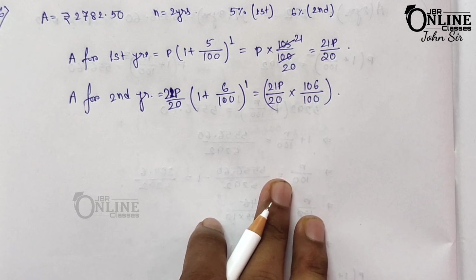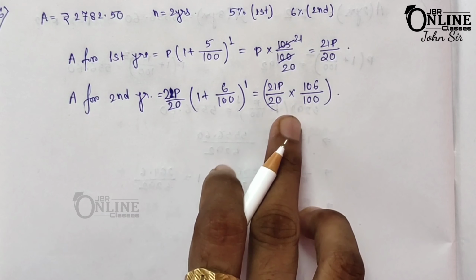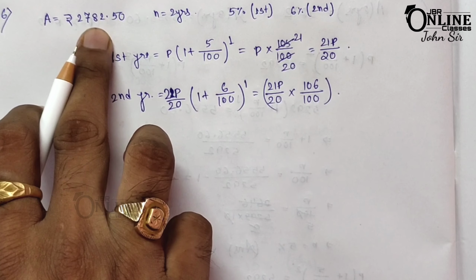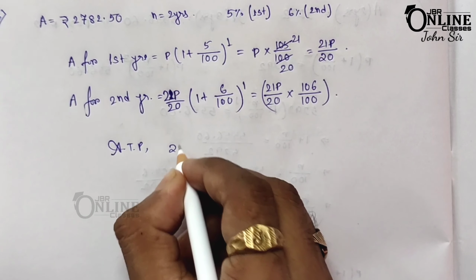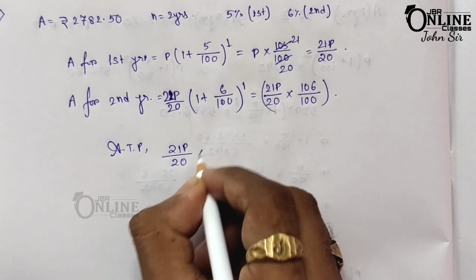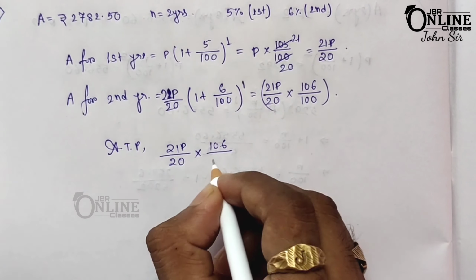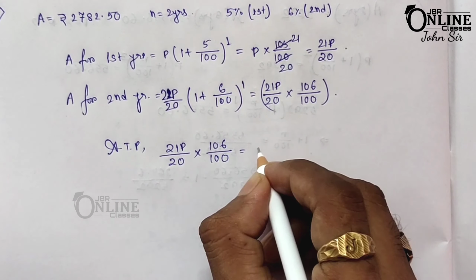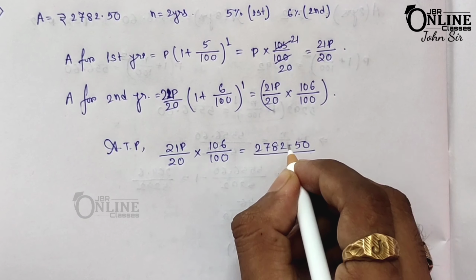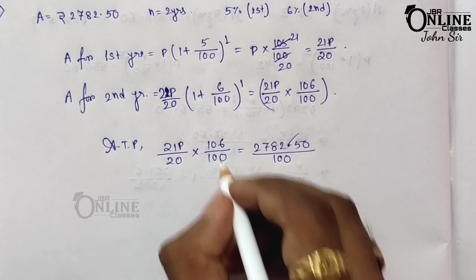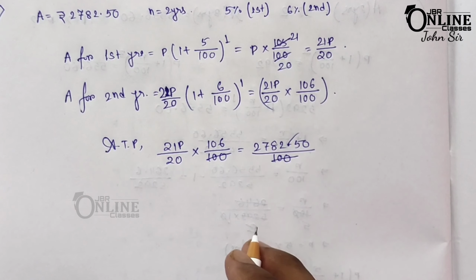According to the problem, this one is equal to this one, so 21P into 20, then 106 by 100, that equals 2782.50. So the 100 cancels out.